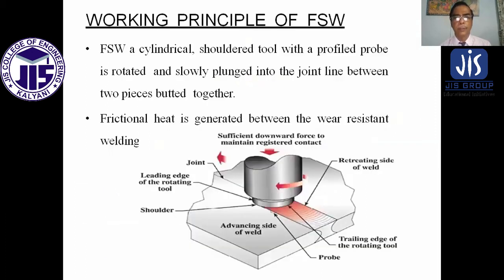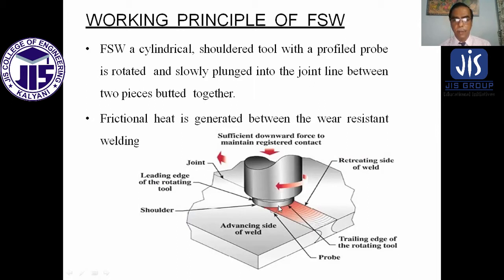Working principle of friction stir welding. A cylindrical shouldered tool with a profiled probe is rotated and slowly plunged into the joint line between the two pieces butted together. Friction heat is generated between the wear resistant welding tool and the workpiece, with sufficient downward force to maintain contact.